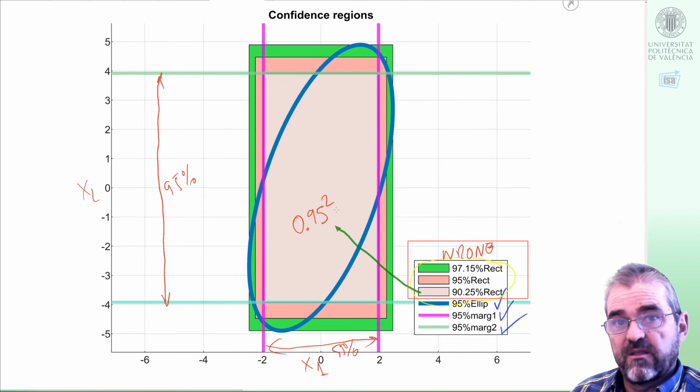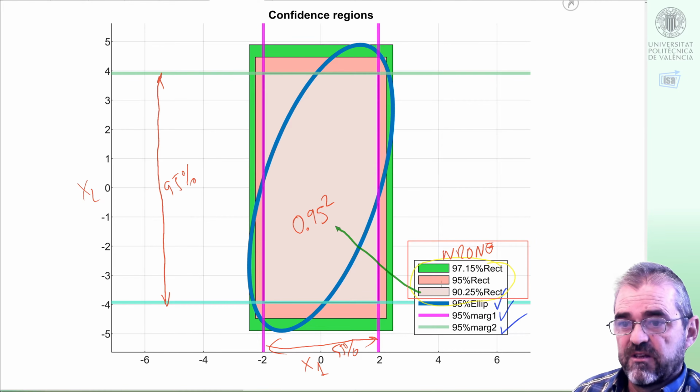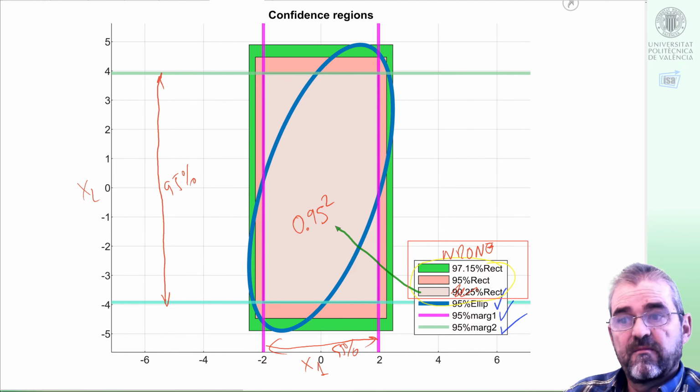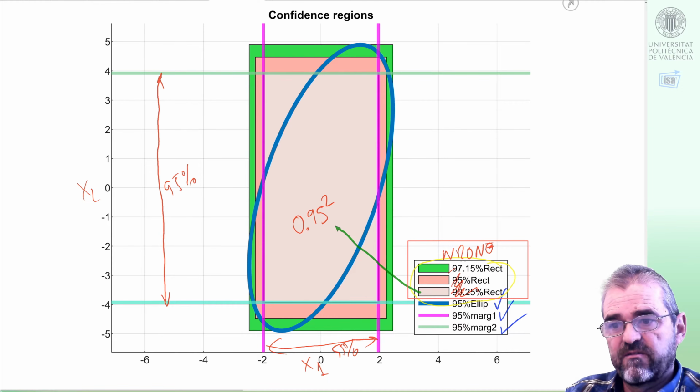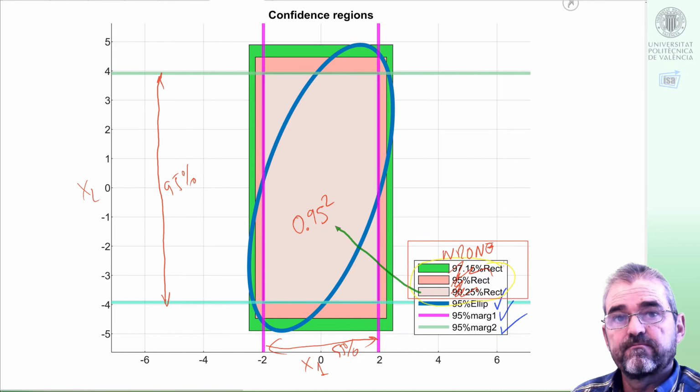That's the wrong assumption, as the variables are not independent, they have correlation, and then the probability of the joint event is not equal to the product of the probabilities. So this figure is wrong. As we made the same assumption to compute the rest of the confidence rectangles, all these figures are wrong. So you should not execute the code for non-diagonal covariance matrices.